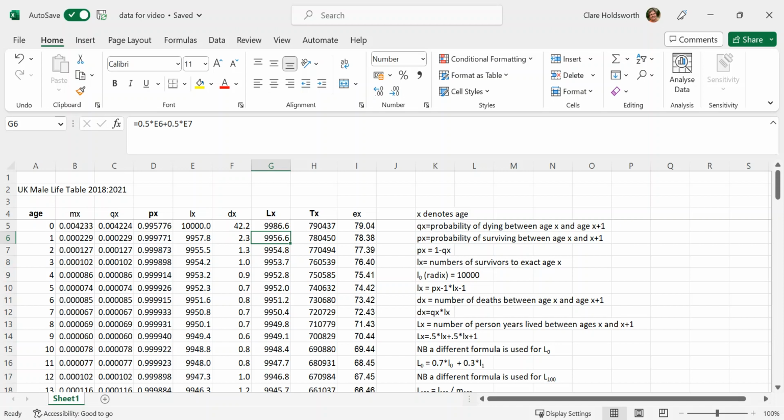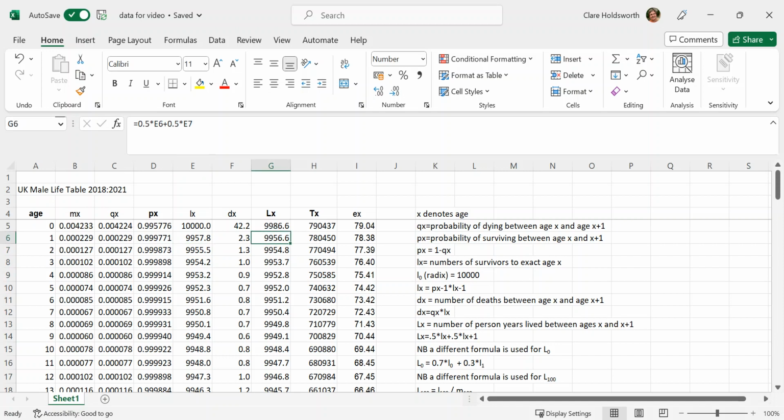The formula that I've actually used, which does exactly the same thing, is to assume that the total number of person years lived between ages 1 and 2 is calculated by adding together, if I look at that formula again, 0.5 times L1 plus 0.5 times L2.